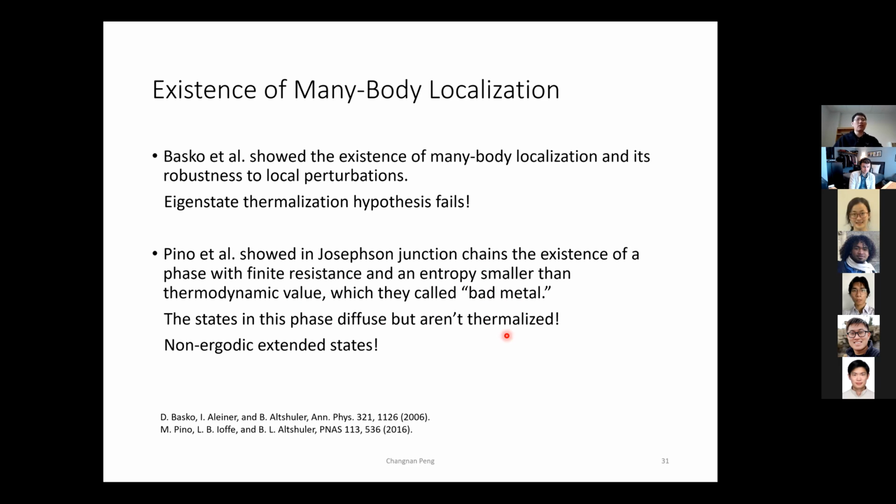Those states are interesting because they diffuse, they are extended states, but they don't thermalize. They have this non-ergodic behavior. They don't fully explore the phase space of the entire Hilbert space.